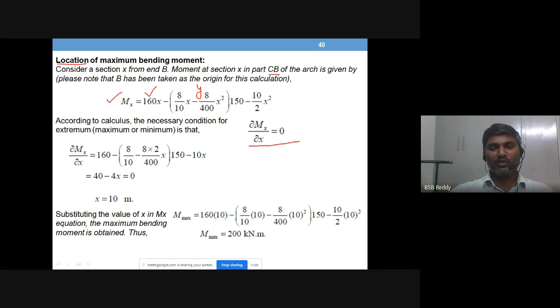So what you need to do now: differentiate the Mx equation with respect to x, equate it to 0, and you will get the x value.